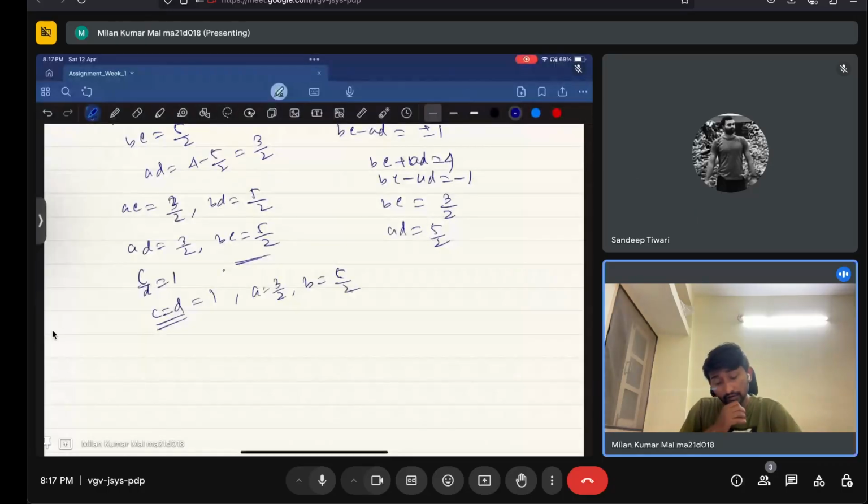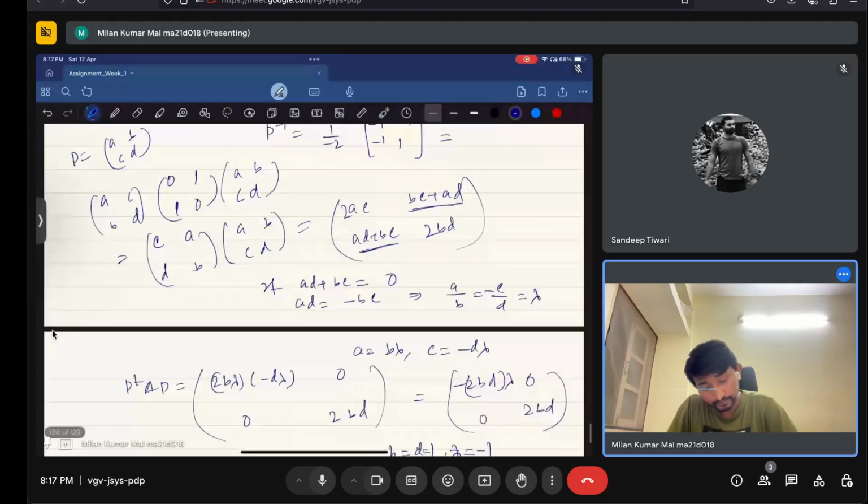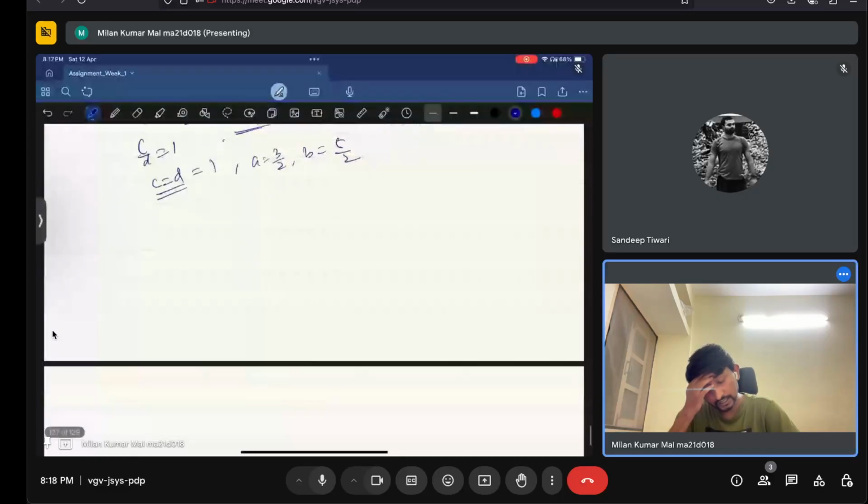C and D are 1, A equals 3 by 2, B equals 5 by 2. Just replace these in the matrix: 2AC, BC plus AD, AD plus BC, and 2BD. Using these elements, what do I get? 2CA, C is 1, A is 3 by 2, so this is 3.